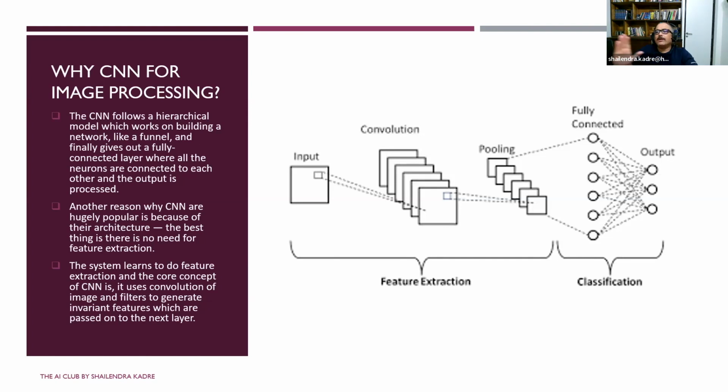There may be multiple fully connected layers like this in the ANN. And I have shown only one pair of convolution and pooling, but in actuality there can be n sets: convolution, pooling, convolution, pooling, and so on.